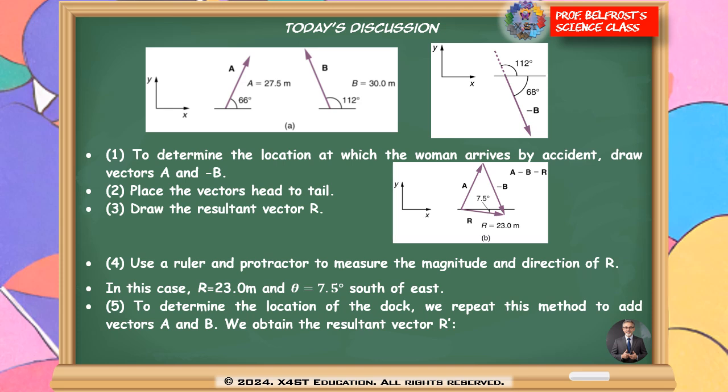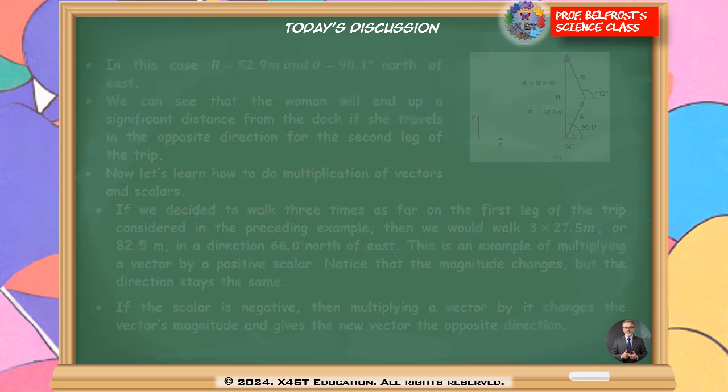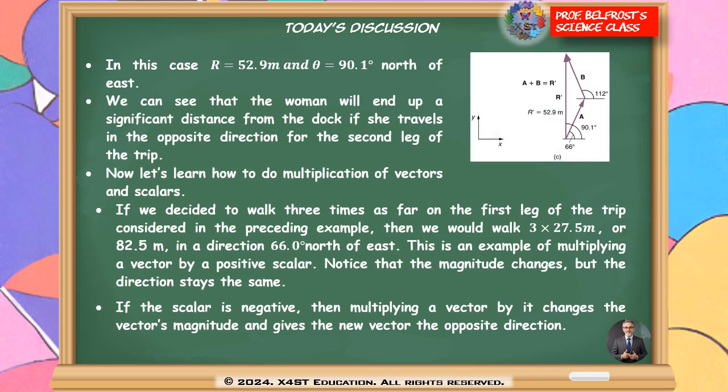The next step is to determine the location of the duck that actually needed to be reached. So we repeat this method to add vectors a and b without taking the opposite. Say that this is the resultant vector R prime. R prime is 52.9 meters and theta is 90.1 degrees north of east.